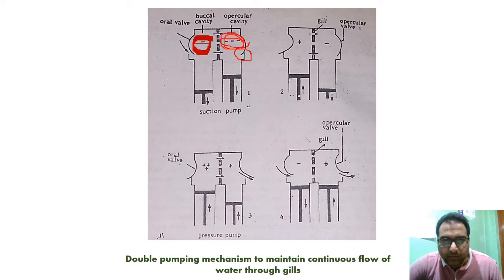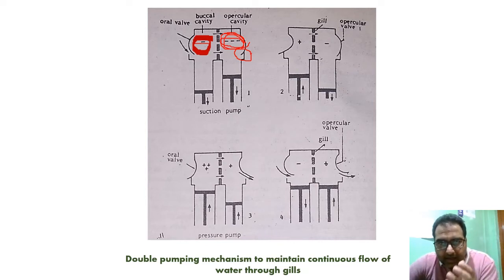Here it is shown by the 3 negative signs. So low pressure is created in the opercular cavity, and from the buccal cavity the water flows over the gills into it.